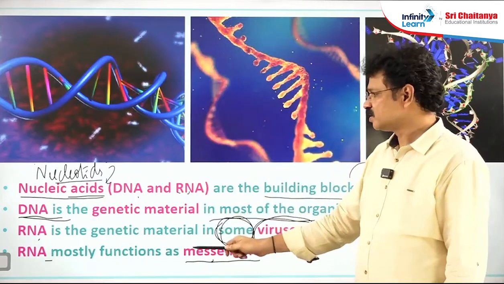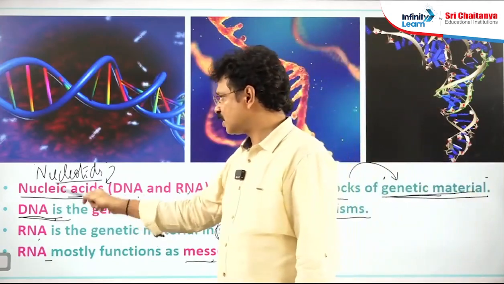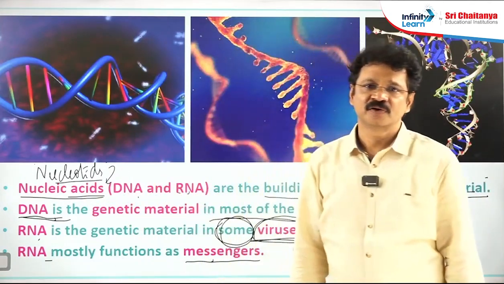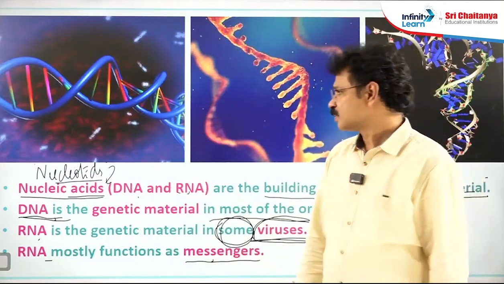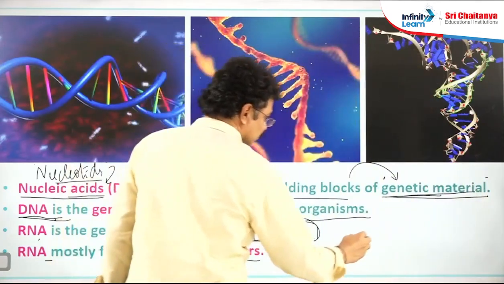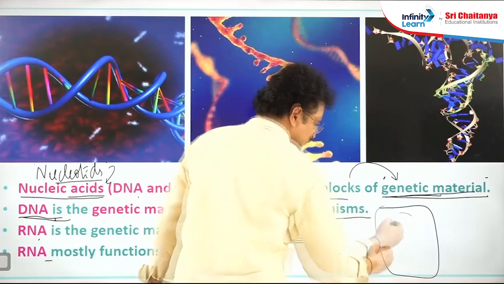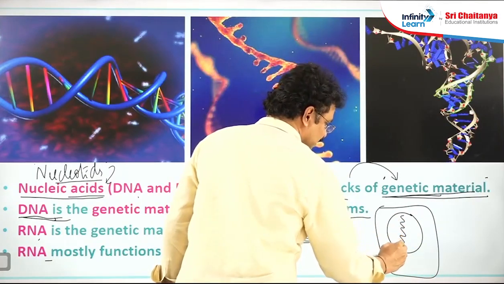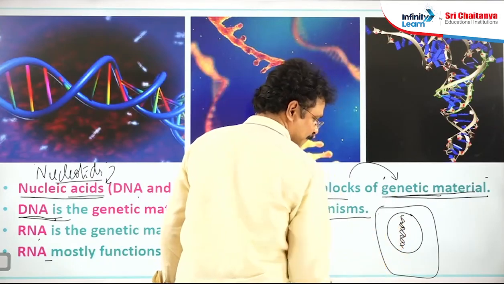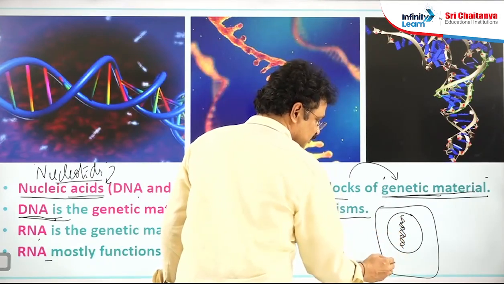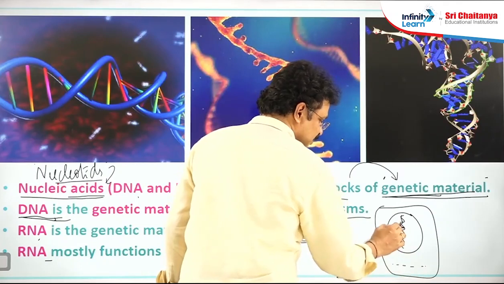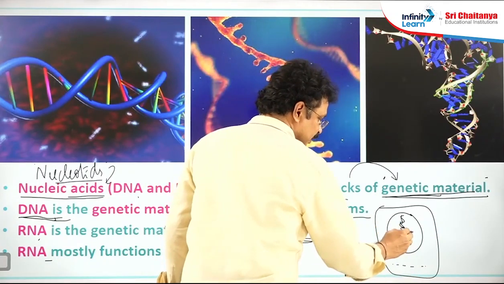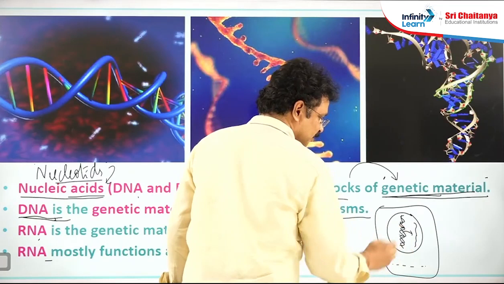The information present in the DNA molecule is carried to the cytoplasm from the nucleus. Generally, DNA is found inside the nucleus. For example, in a plant cell, the nucleus is there, and the major location of the DNA molecule is the nucleus. The information required to synthesize some macromolecules is present on DNA. The DNA is copied into a single stranded RNA molecule.